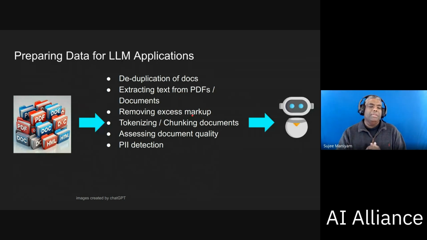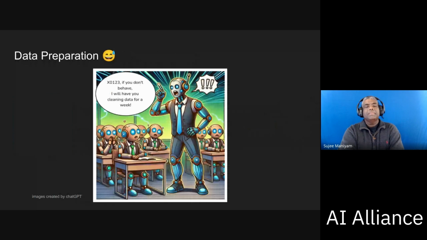Like if a document has lots of emojis, probably not needed for your application, so you want to remove those. And also, we would like to talk about chunking, meaning splitting the document into smaller pieces for easy search, things like that. All of these things, most of us will go through when we are preparing data for our applications, and Docling can help you with this.